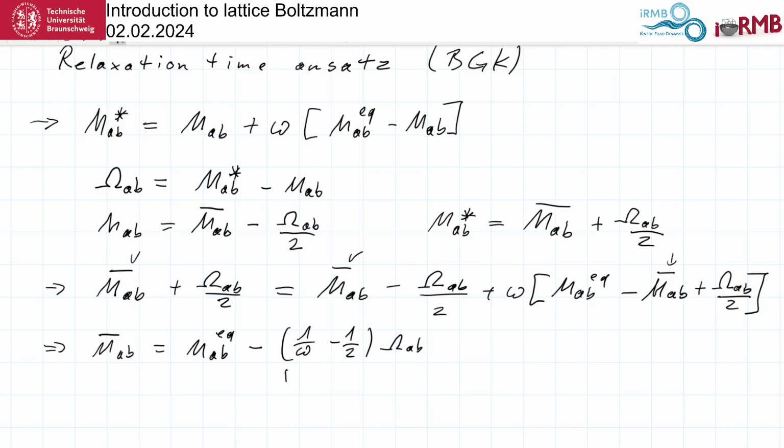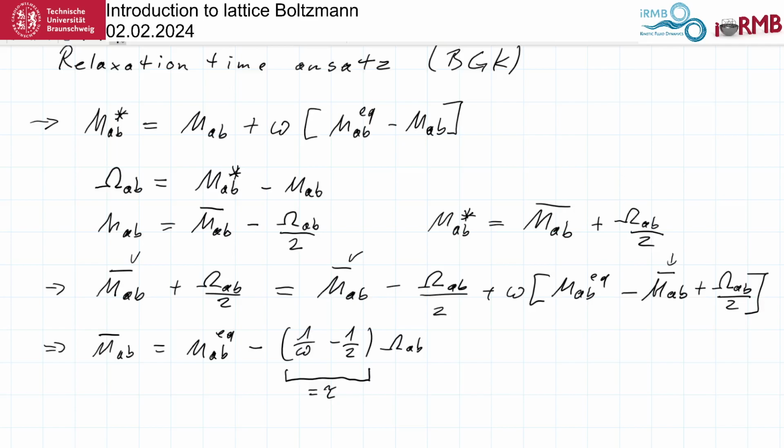For simplification, we'll call this term tau. There may be some confusion out there in the lattice Boltzmann world about how tau is defined, because it's defined in different ways. Sometimes 1 over omega is equal to tau, but that tau is a numerical parameter, not a physical parameter.